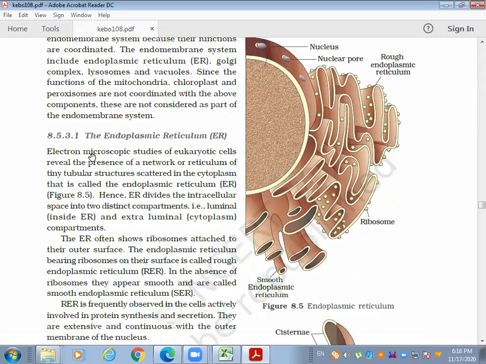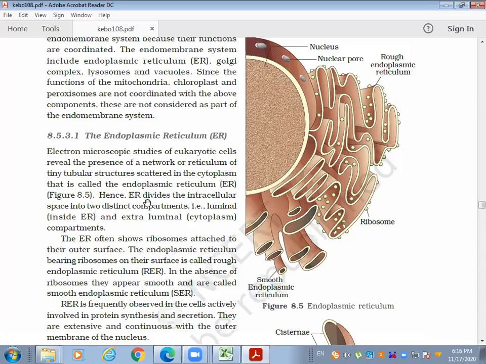The endoplasmic reticulum. Electron microscopic studies of eukaryotic cells reveal the presence of a network or reticulum of tiny tubular structures scattered in the cytoplasm, called the endoplasmic reticulum.